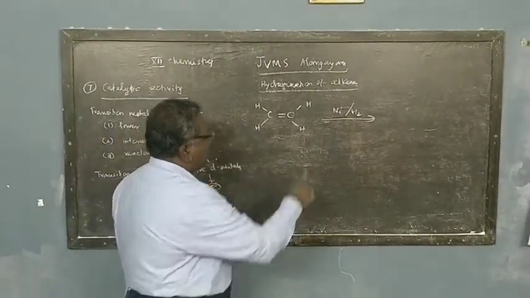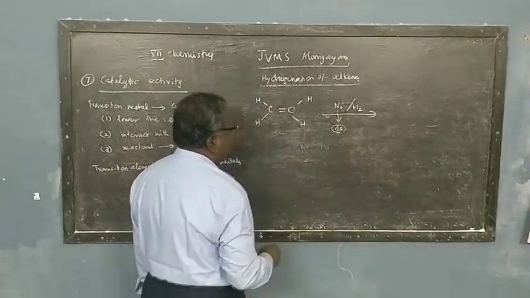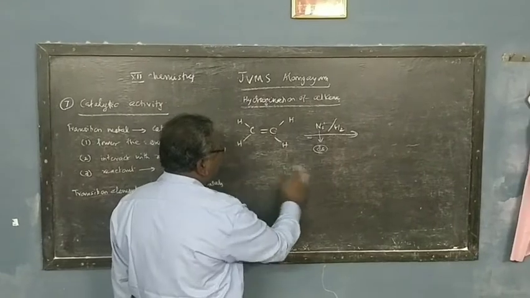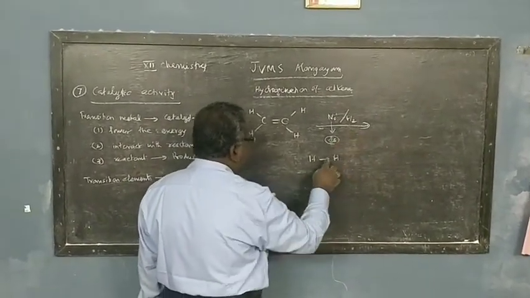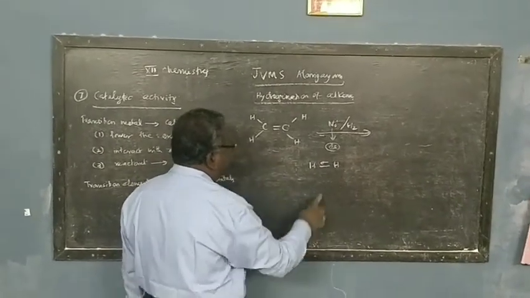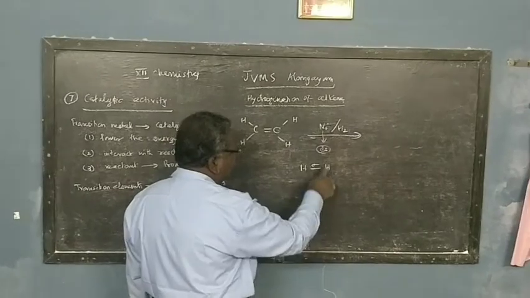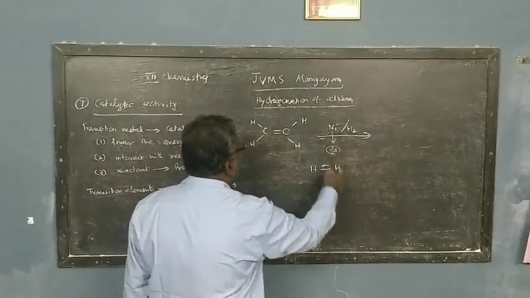The nickel has d electrons, and these d electrons are useful in breaking the hydrogen molecule. The sigma bond first breaks, and each hydrogen gets one electron, and using these electrons it will form a bond first with nickel.